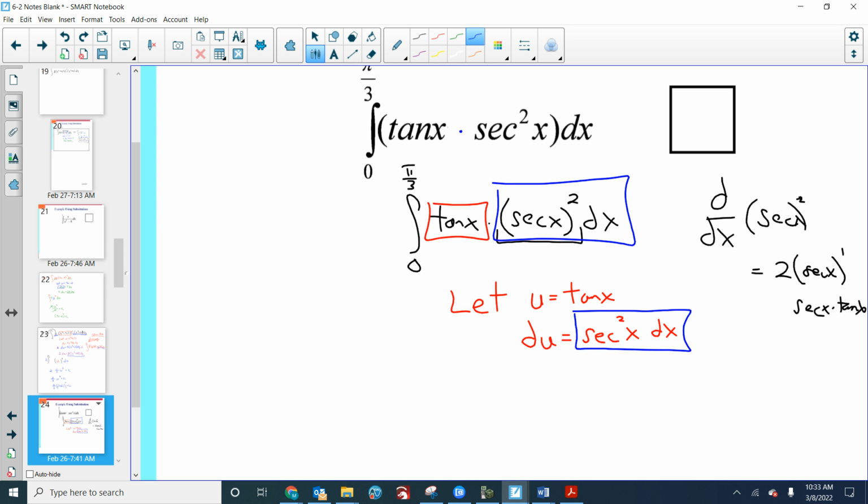Let's do it a second way. Ready? I'm going to do this in green. What if I let u equal secant of x? Let u equal secant x. What's du? Secant x times tangent x dx. I just took one of those secant x's and called it u.